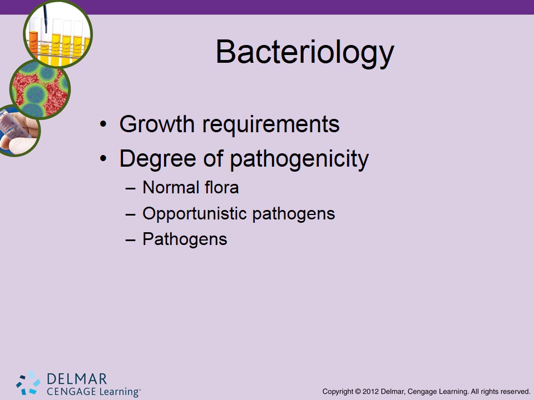A non-pathogen is a bacteria that does not cause infection. And then we have opportunistic pathogens. These types of pathogens are able to cause infection when conditions are right. That means your immune system has to be depressed or you're sick for some reason, and this pathogen can take over.